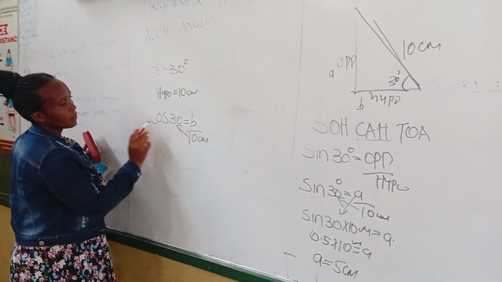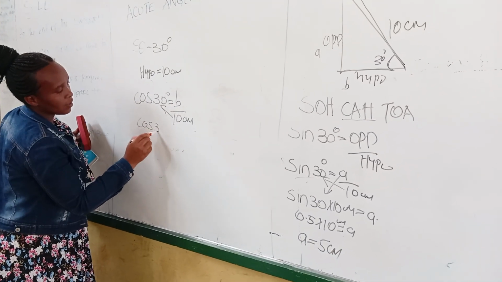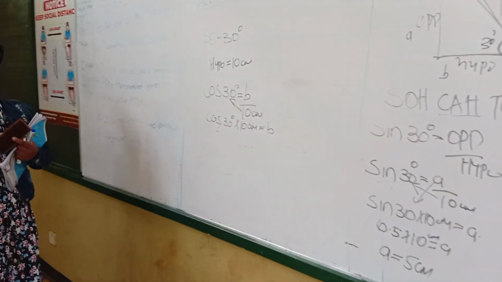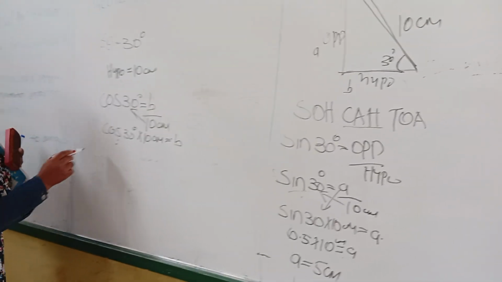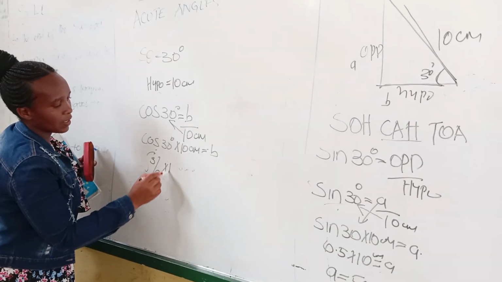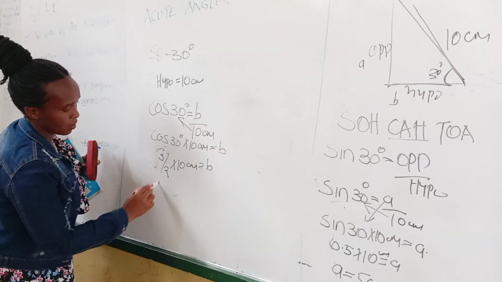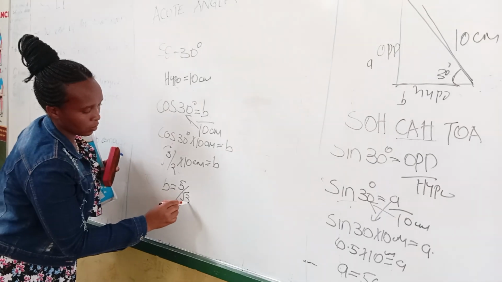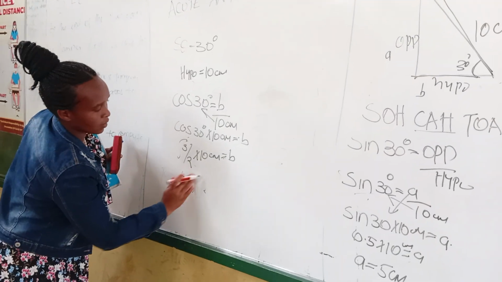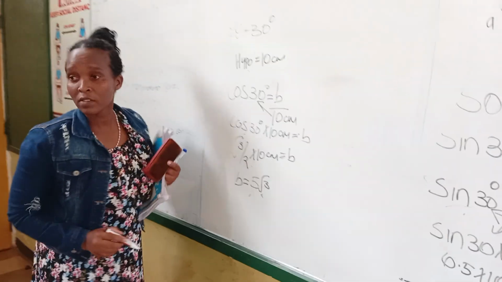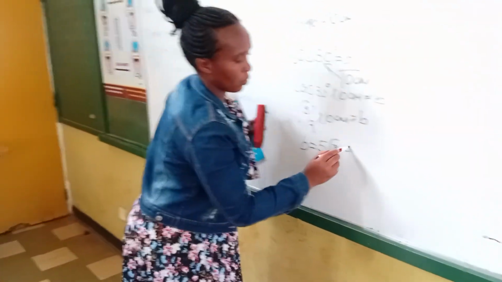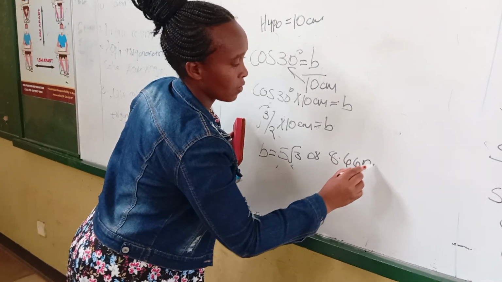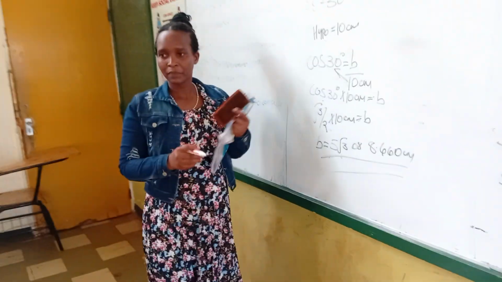Cross multiply: cos 30 multiplied by 10 centimeter equals B. Cos 30 is root 3 over 2, multiplied by 10 centimeter gives 5 root 3, in decimals 8.66 centimeter. Correct. Have you understood?